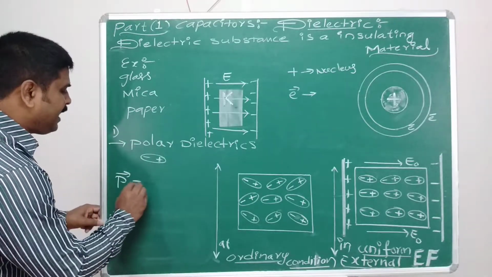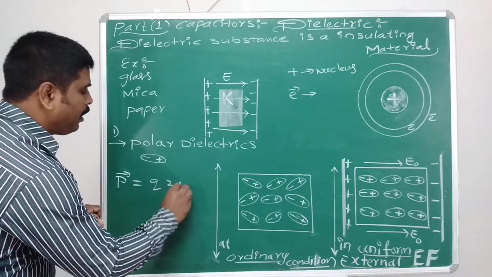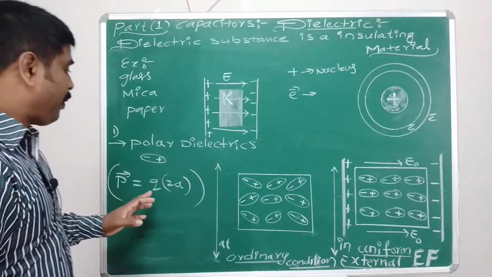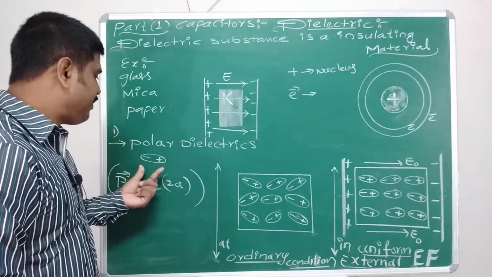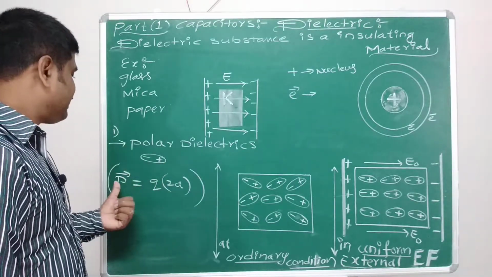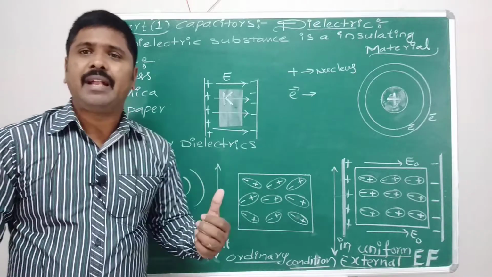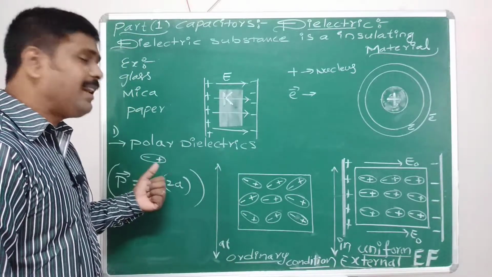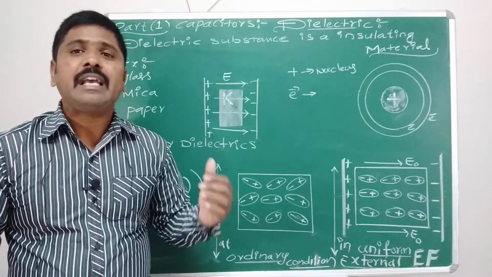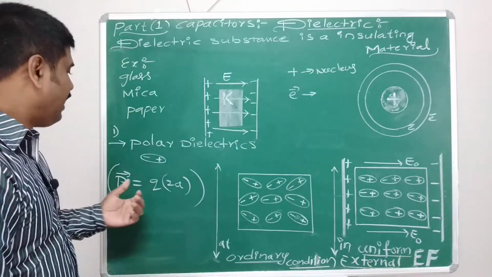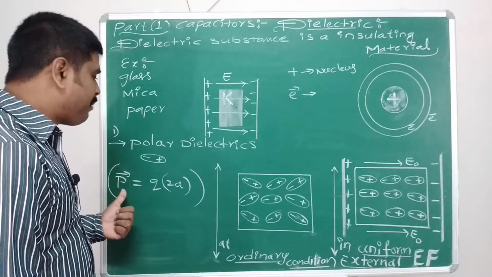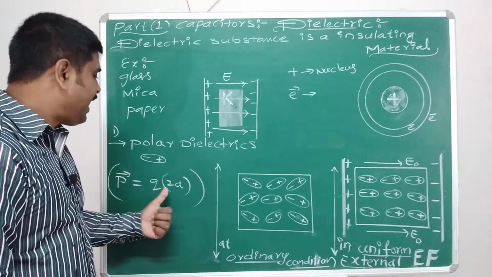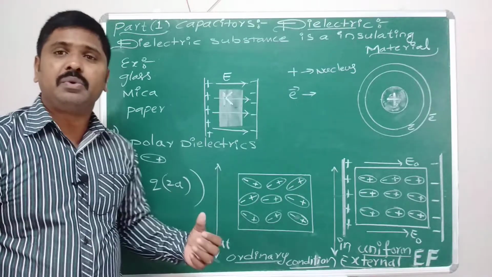Dipole moment p is equal to q into 2a. The product of the charge and the distance between the charges is taken as the dipole moment. What is a dipole moment? A system of two equal and unlike charges separated by a small distance is called an electric dipole. The electric dipole moment is the product of charge and the distance between the two charges.